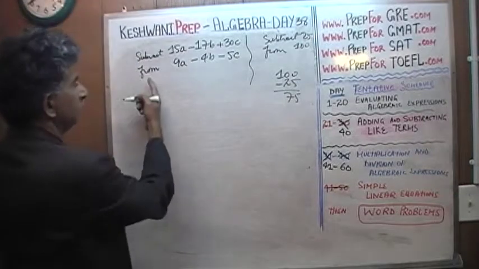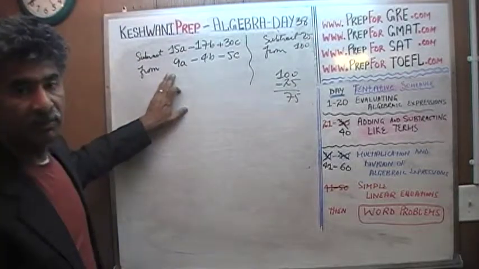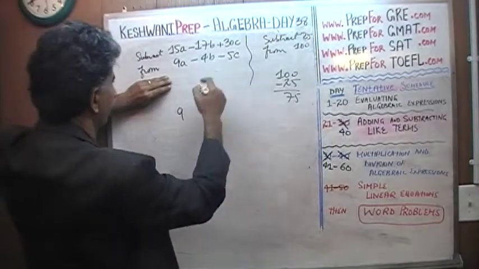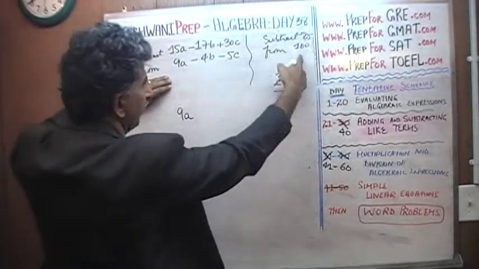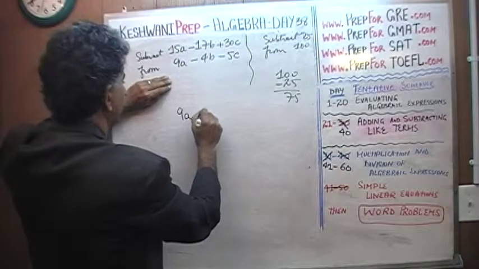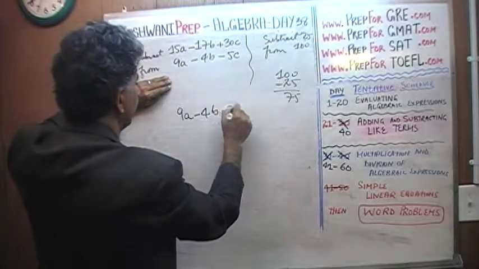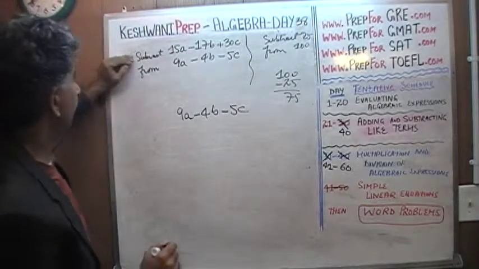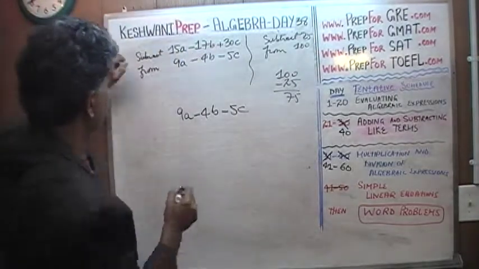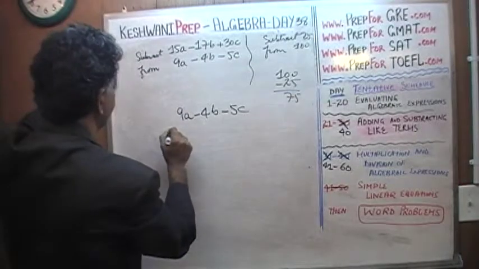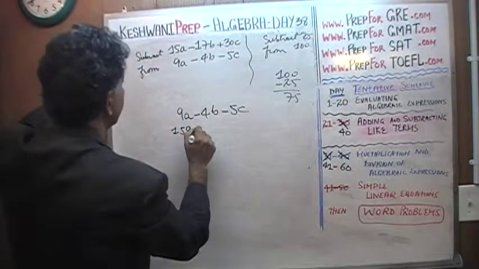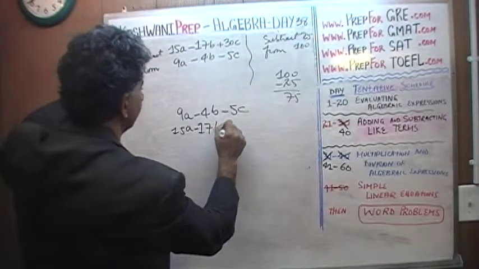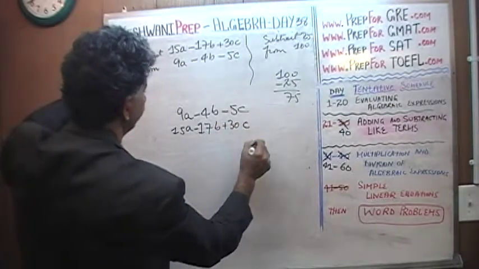So again, the expression that we are subtracting from has to go on the top. We are subtracting from this expression, 9a minus 4b minus 5c, just like when subtracting from 100, 100 has to go on the top. The expression that is being subtracted has to go on the bottom. So 15a minus 17b plus 30c.